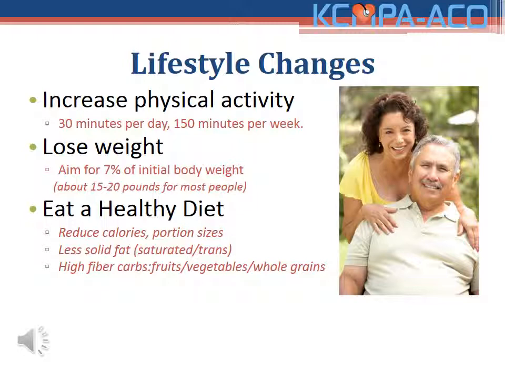The guidelines from the Diabetes Prevention Program include to get at least 30 minutes per day or 150 minutes per week of walking or other physical activity. Aim for about 7% of weight loss, which is about 15 to 20 pounds for most people. And eat a healthy diet with less fat, especially solid fats, more fruits and vegetables and whole grains, and lean protein.